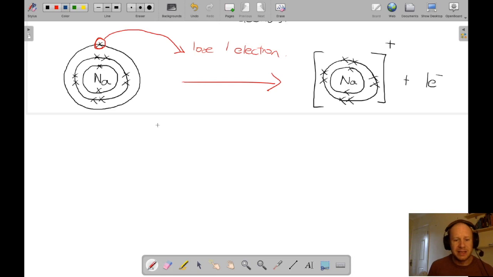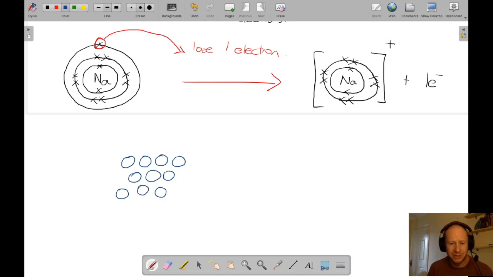So what this means is, in the same area, I'm just going to draw a lot of atoms now. If I was to zoom into the atoms in a metal, all of these particles would be positively charged. So we'd have lots of positively charged particles.